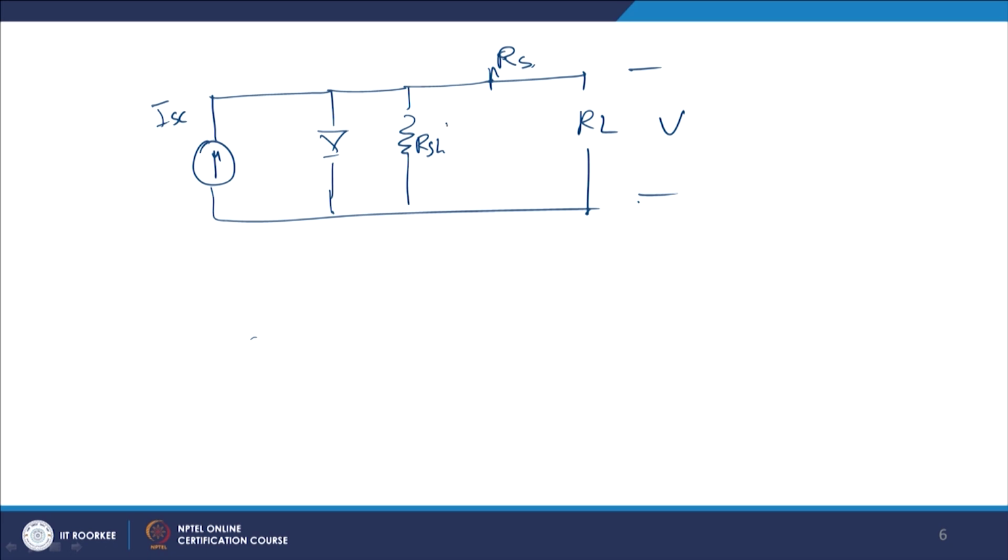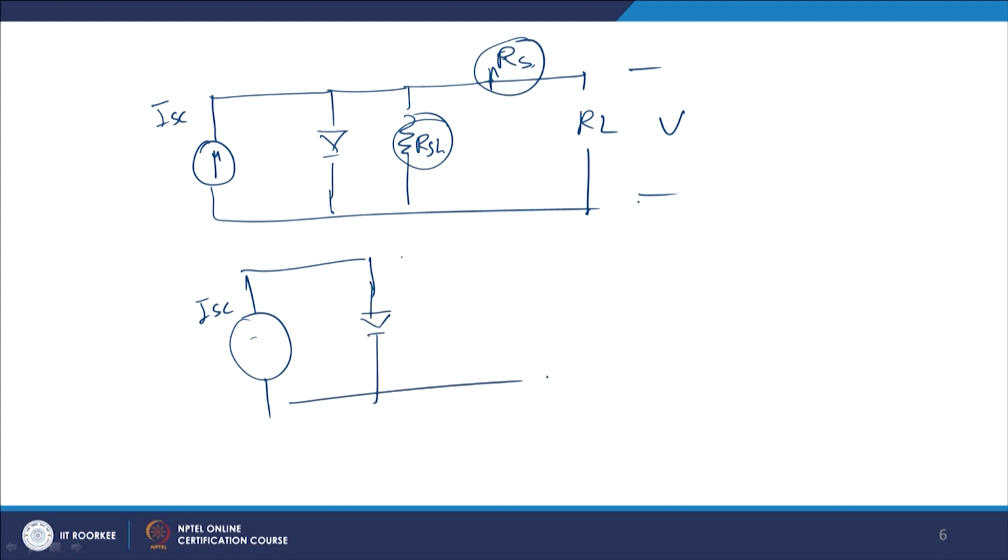Because the shunt resistance and series resistance are very low, not very high, we can do away with them. If you want the short circuit current, this is nothing but Ij, and this is I, and here is the voltage.